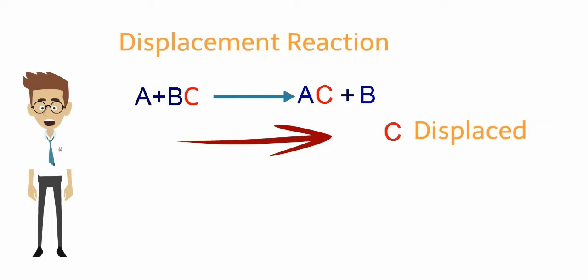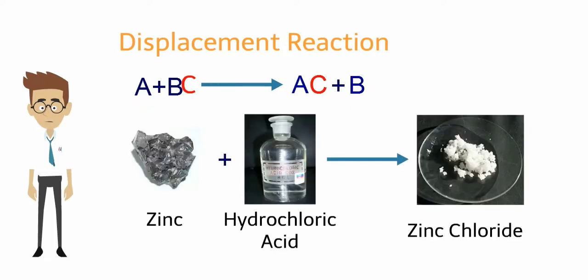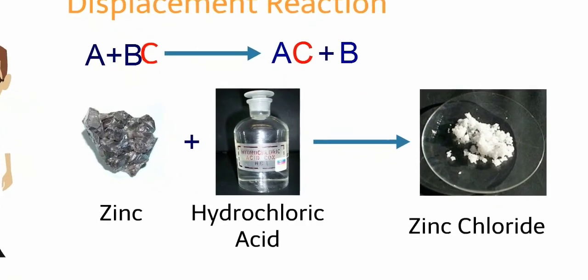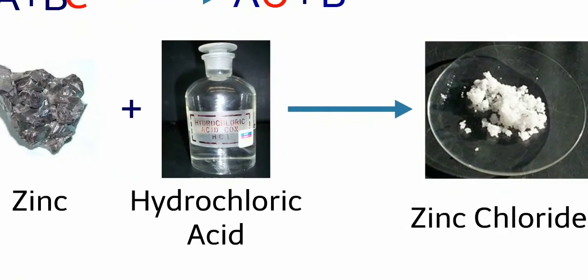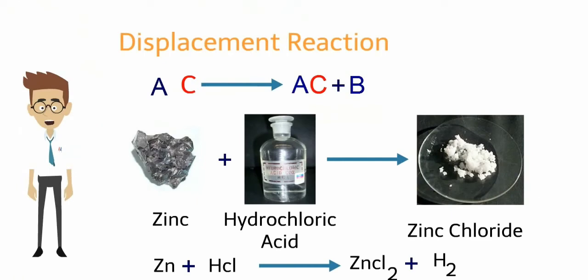It is only possible when A is more reactive than B. If it is not, it would not have gone to A to form a new compound. An example of this type of reaction is when zinc reacts with hydrochloric acid, giving zinc chloride and hydrogen gas. Zinc chloride is useful in chemical synthesis and textile processing.